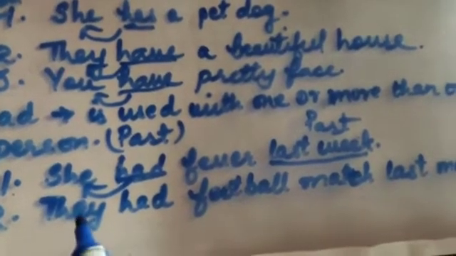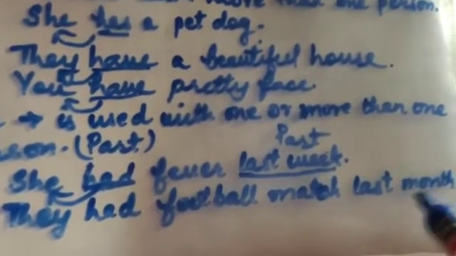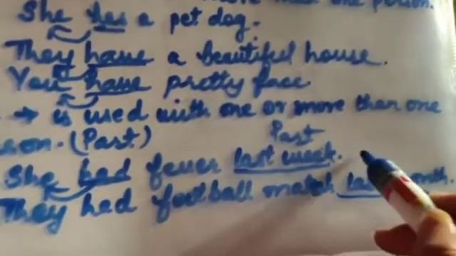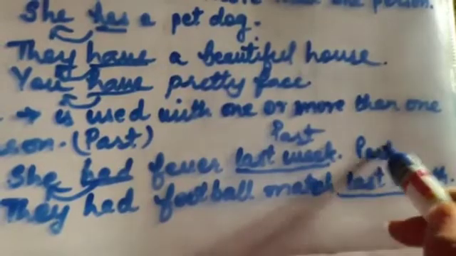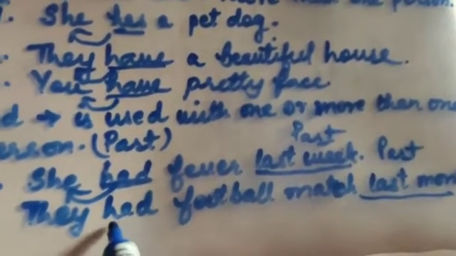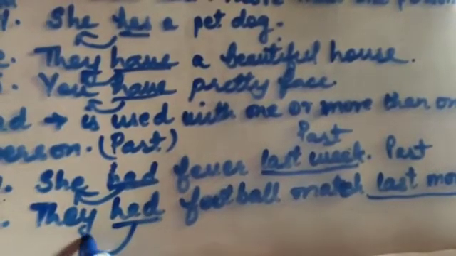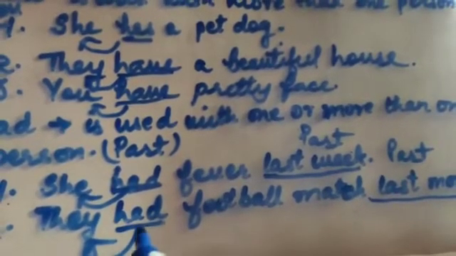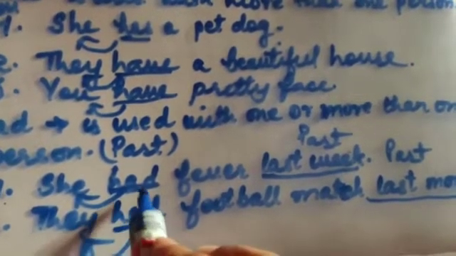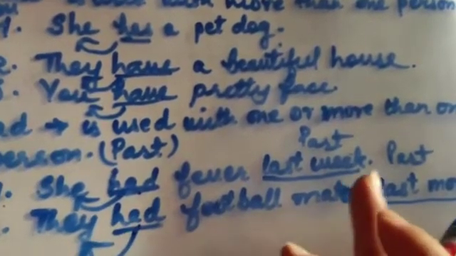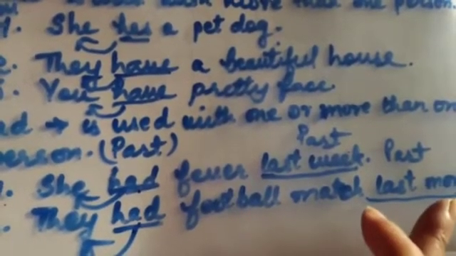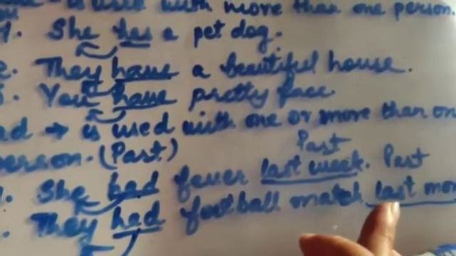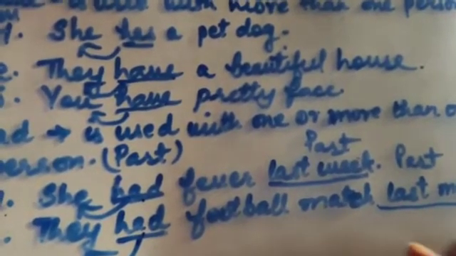Okay, next, they had a football match last month. Now last month also tells us that the action has taken place in the past, and had is used with more than one person. They means there are more than one person, so we have used had. Had we can use with one person also and with more than one person also. It can be used with I also and it can be used with you also.